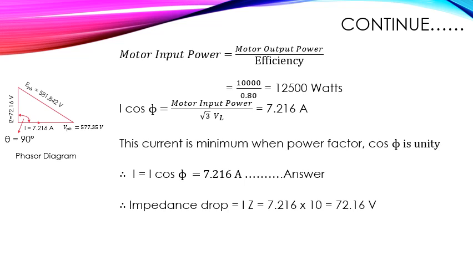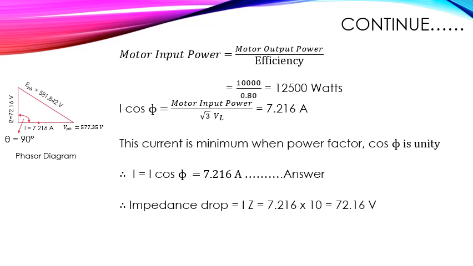The phase voltage is calculated by taking the ratio of VL to root 3, right? So phase voltage is 577.35 volts, and that is taken as reference. Then show the impedance drop, that is IZ equal to 72.16 volts, at 90 degrees to this. Why? Because the armature resistance is neglected here, right?